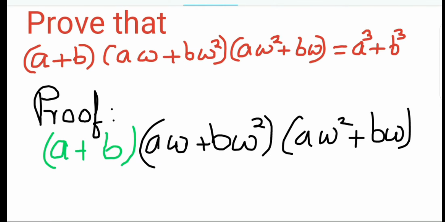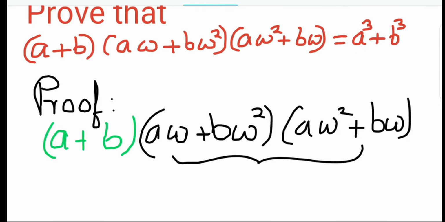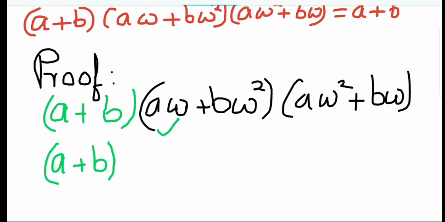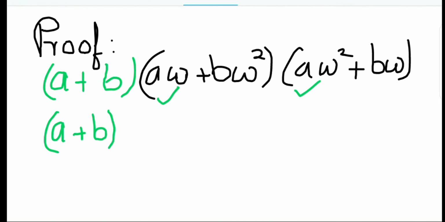Let's multiply the last two quantities to obtain a plus b, let's keep it as it is, times a omega into a omega square equal to a square into omega cube, and omega cube is 1.